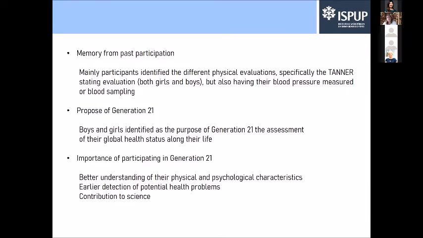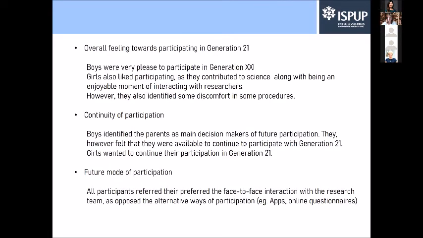They also see Generation 21 as a way of better understanding their physical and psychological characteristics, but also as potentially an early way of detecting health problems. They also acknowledge that participating in projects such as this is an important contribution to science. Most participants were glad to be involved in this project, but some identified some discomfort in some procedures, mainly related to, for instance, blood sampling.